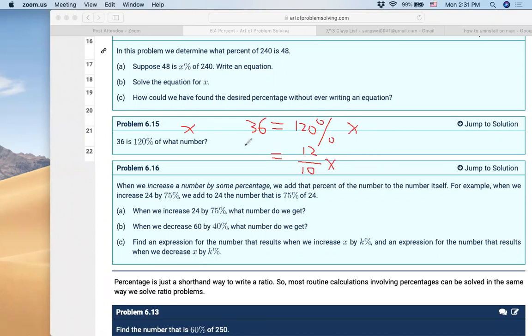So 12/10 times x equals 36. Both sides times 10, you get 360 equals 12 times x. Then both sides divided by 12, you get x equals 30, right? So that means 120% of 30 equals 36. So actually 30 times 1.2 equals 36. That's right.